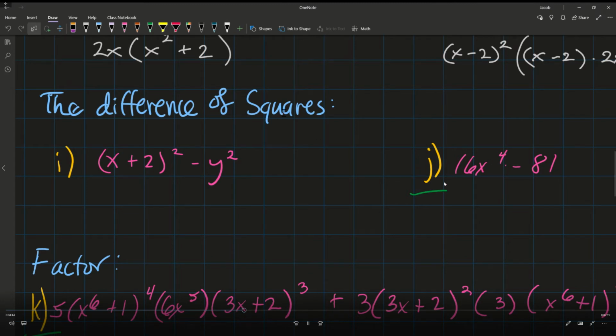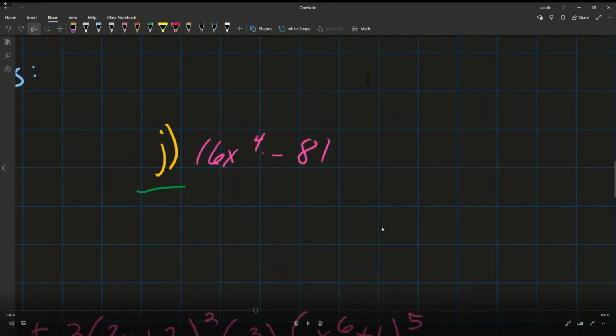All right, and then another thing you should remember is the difference of squares. This is going to make your life a lot easier. I wanted to work over here with J in particular to show how difference of squares is going to work. We have 16 and 81. Those are definitely squares, and x to the 4th, that's a square.